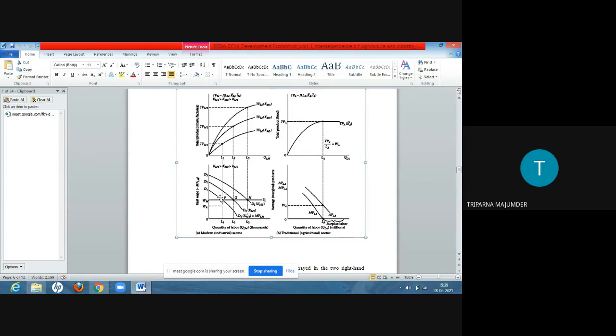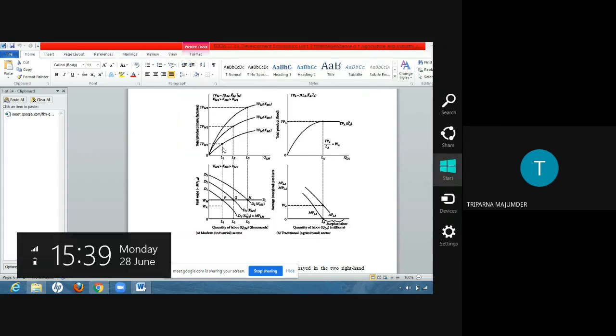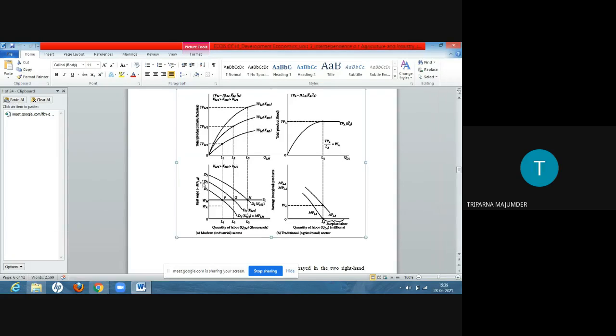Given a fixed supply of capital KM1, we are considering first this curve. With a fixed supply of capital KM1 in the initial state of the modern sector growth, the demand curve for labor is determined by labor's declining marginal product and is shown by this negatively sloped curve D1 KM1.